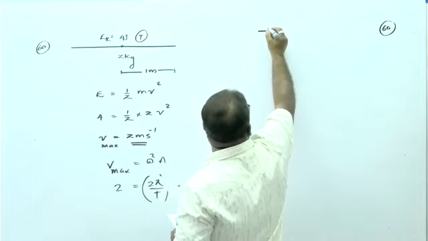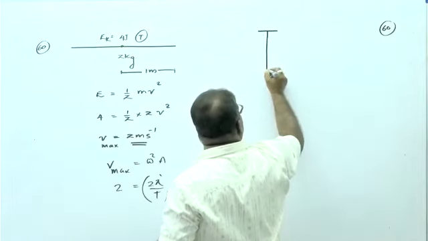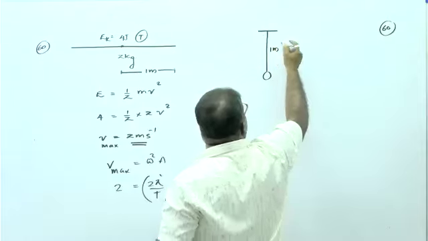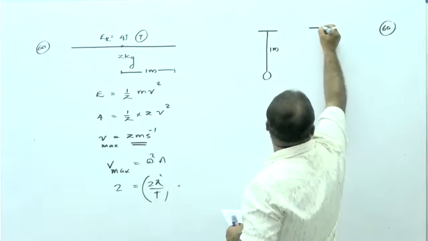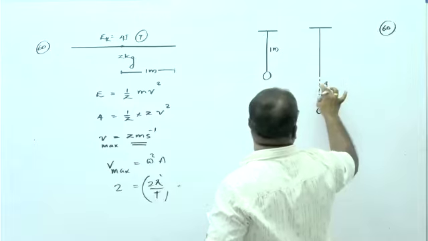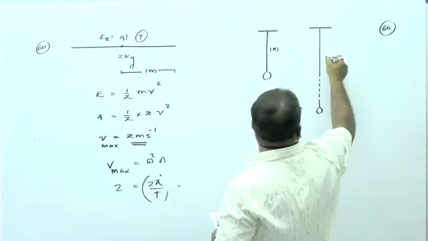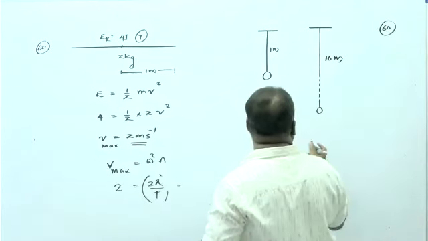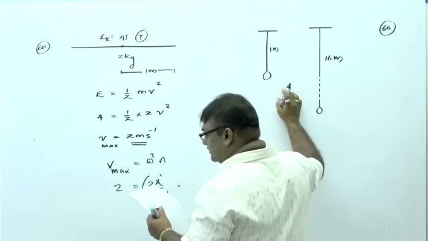This is one pendulum of length 1 meter. The other one is about 16 meters, right?